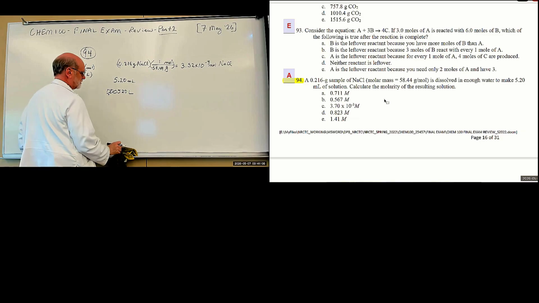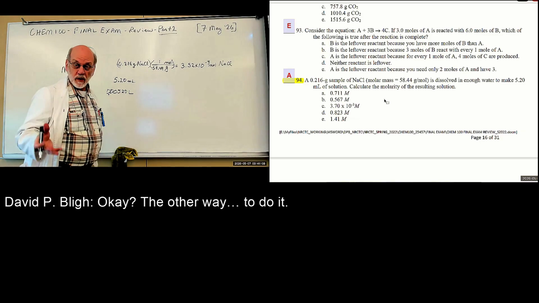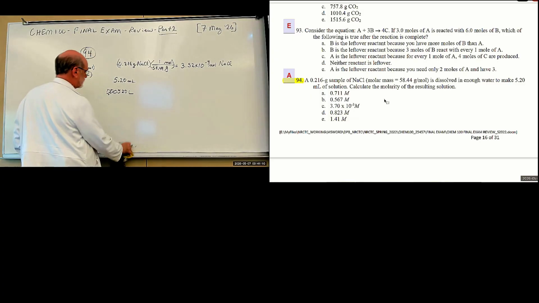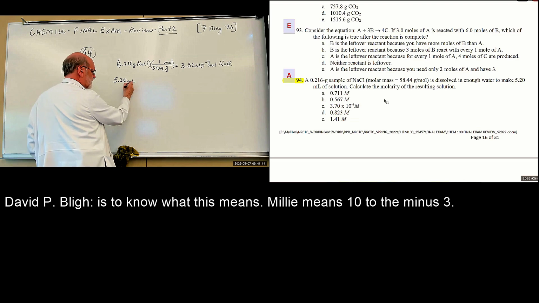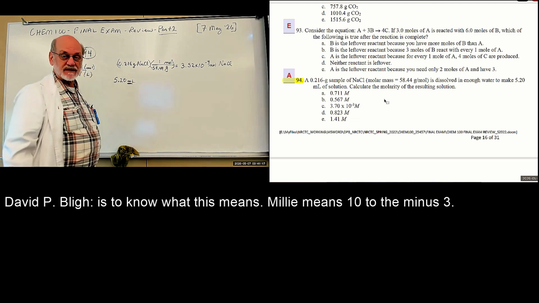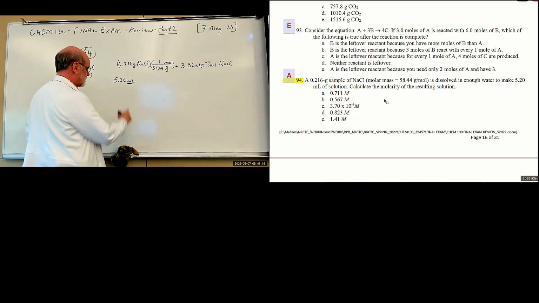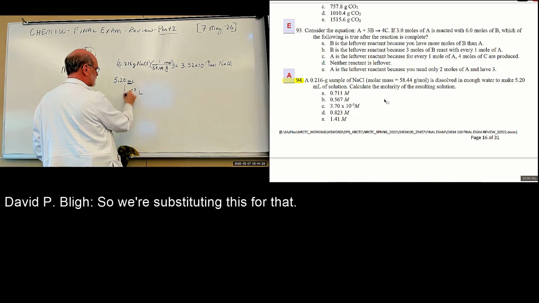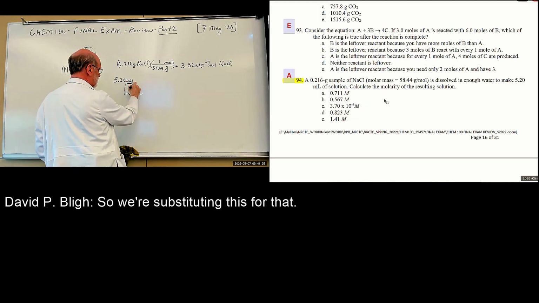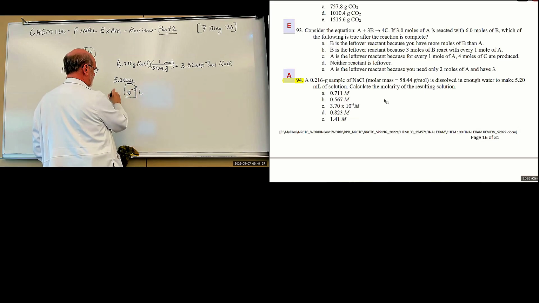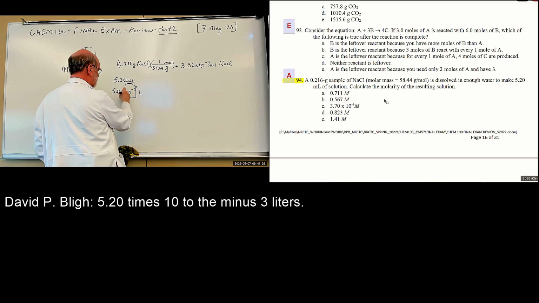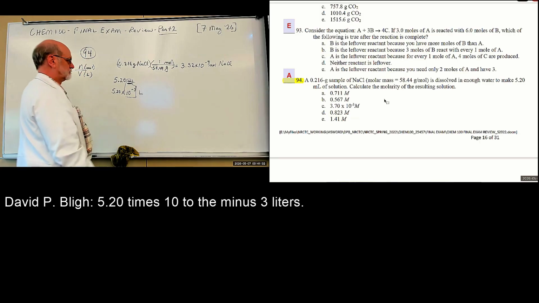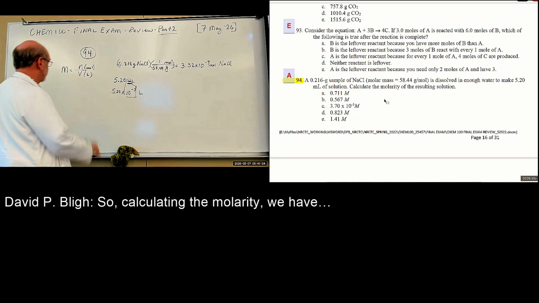That would be liters. Okay, the other way to do it is to know what this means. Milli means 10 to the minus 3. So we're substituting this for that. 5.20 times 10 to the minus 3 liters. All right.